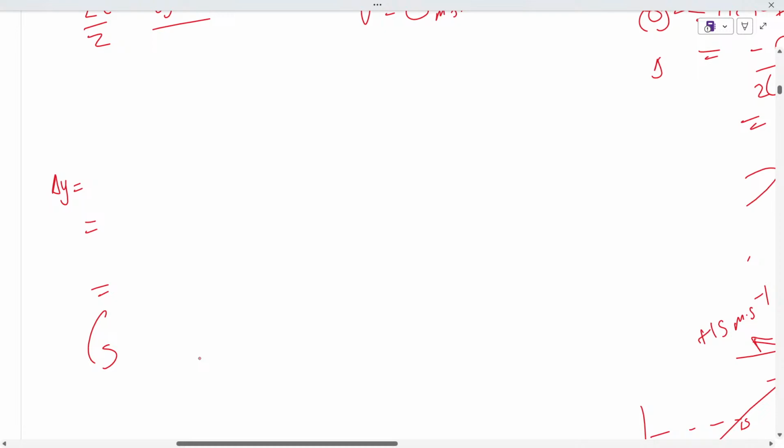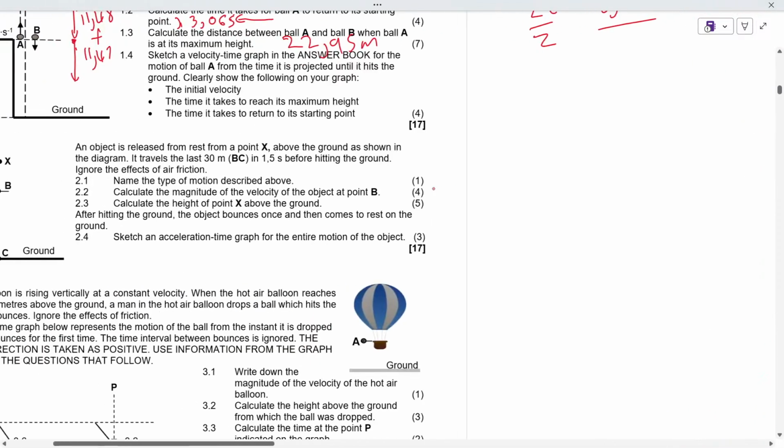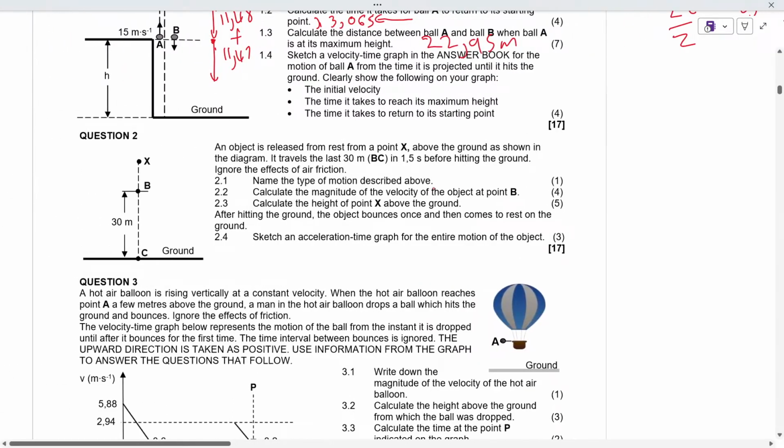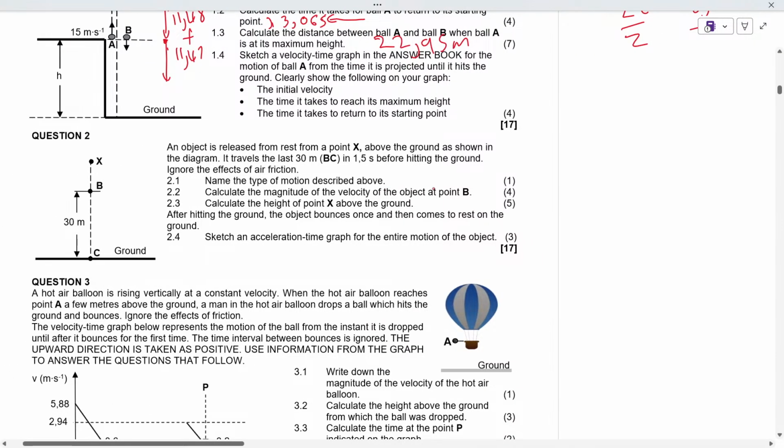But which one describes the motion? It's free fall. Yes, free fall is the one that describes the motion. So the type of motion is free fall.